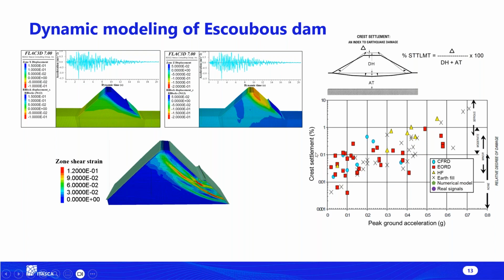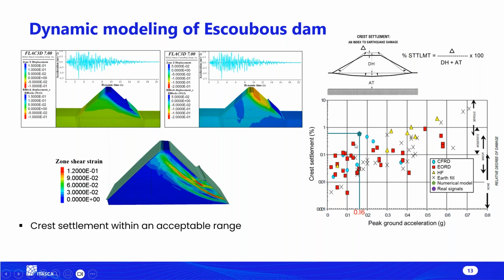Here, the crest settlement is calculated as the following. It's equal to the crest settlement divided by the dam height, in addition to the height of the deformable layers under it. So if we place the point that we got in our numerical model, it's at 0.16 G, the PGA. It's on the upper bound of the statistical data.